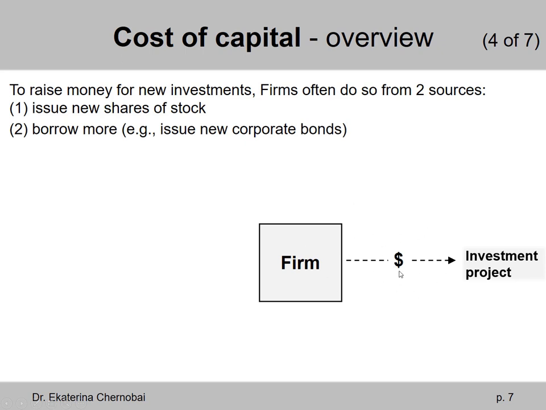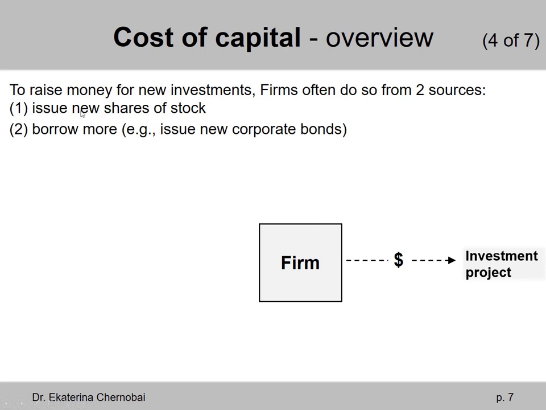So we might be talking about hundreds of millions of dollars that need to be spent. Do firms in real life have this kind of cash lying around? Usually they don't. So they need to raise money for new investments. And firms often do so from two very different sources. Maybe just one of them or maybe both.